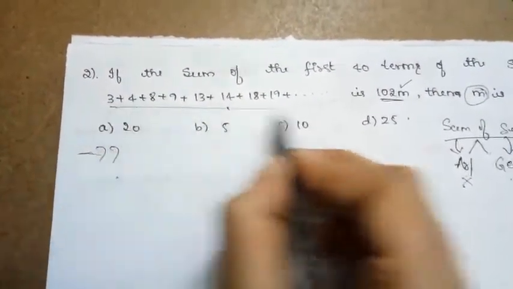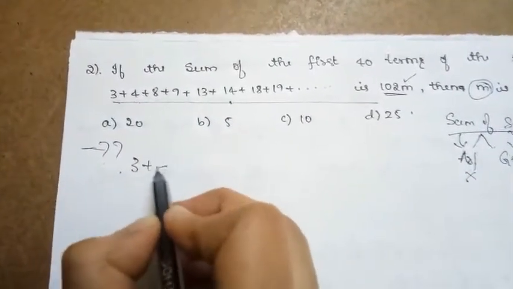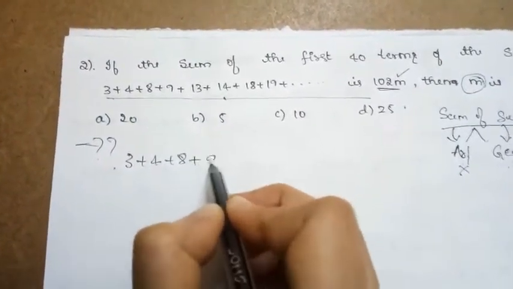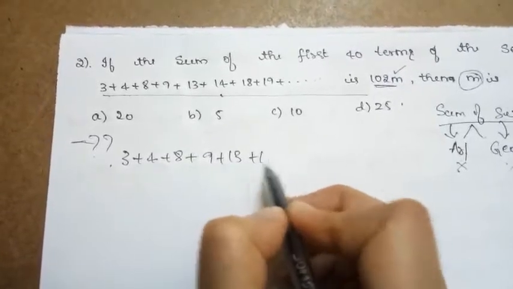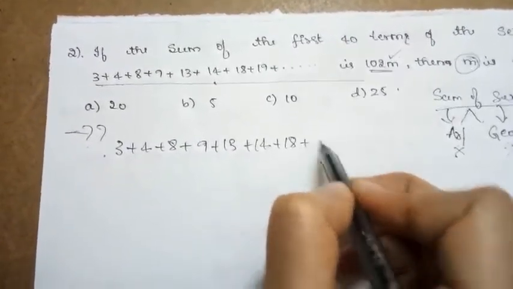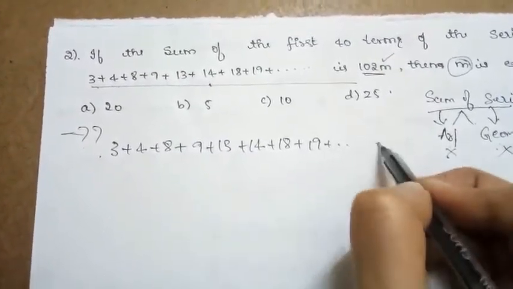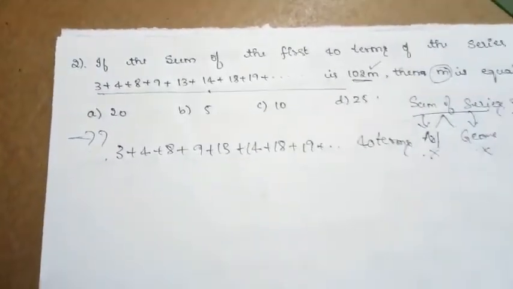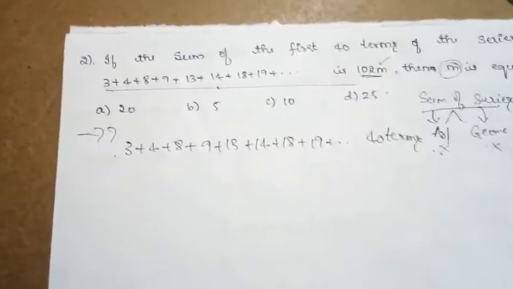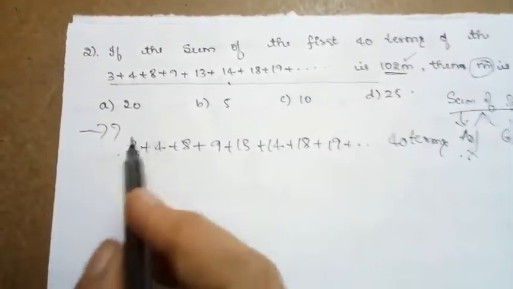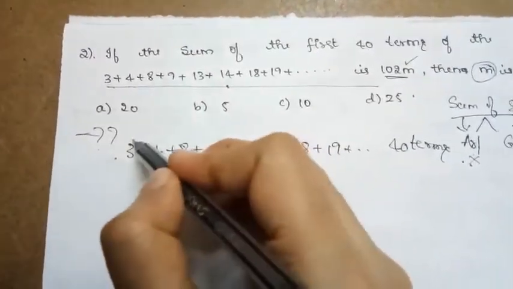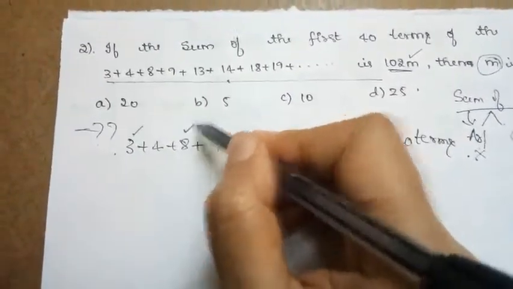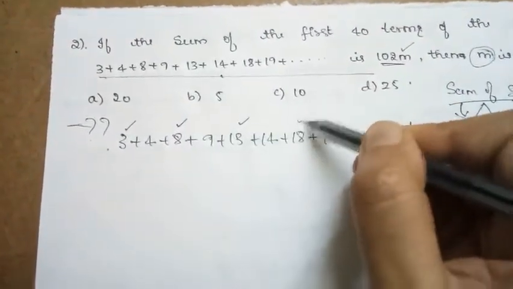So they have said we are having the series 3 plus 4 plus 8 plus 9 plus 13 plus 14 plus 18 plus 19 plus so on up to 40 terms. They have said there are totally 40 terms in this series. So now I am splitting this series. How I am splitting means I am taking 3, 8, 13, 18.